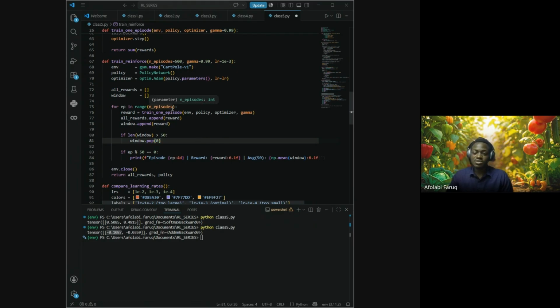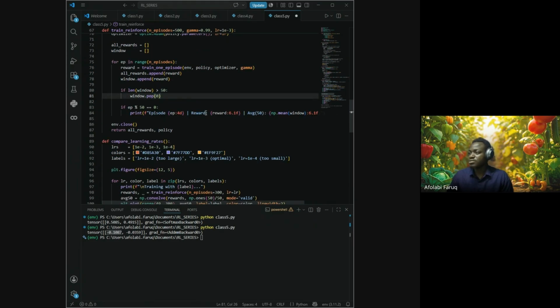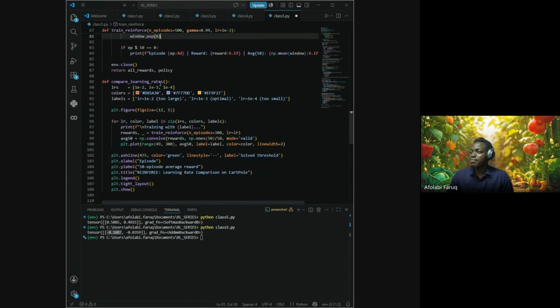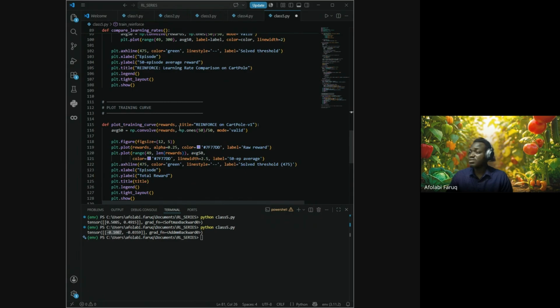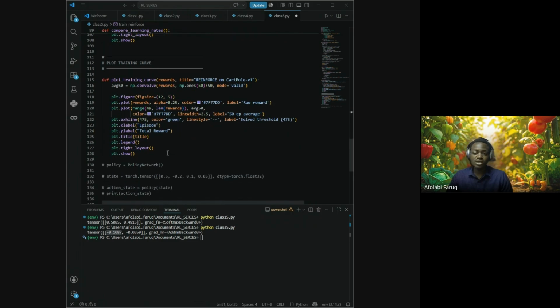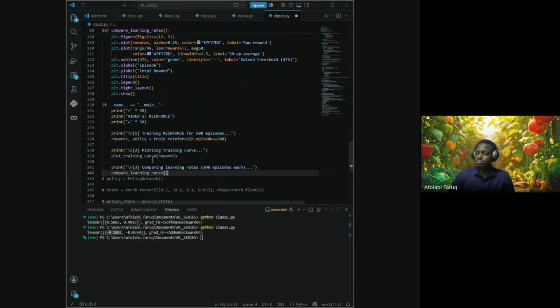Within that, we run a single episode with the neural network. And here we are plotting a graph that compares the different learning rates. I talked about the effect of learning rates the other time, so see the effect of that on the model itself. And here is the function that plots the training curve, so we also see that as well. So let's run this and see what we have here.